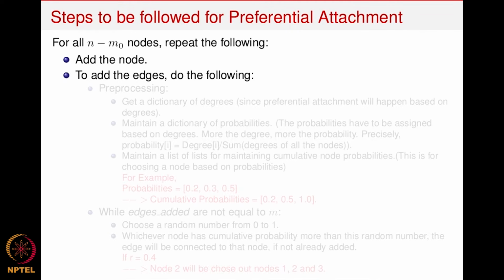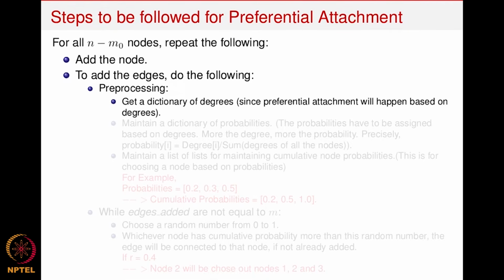As I told you, we need the probabilities, and the probabilities are going to be decided based on the degrees that the nodes have. The more the degree, the more the probability, right? So for that matter, we need to keep track of the degrees of the nodes. So we'll do some pre-processing for this keeping track.